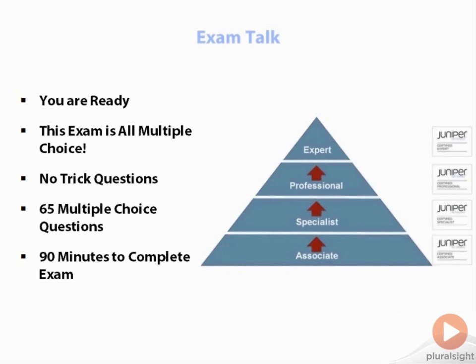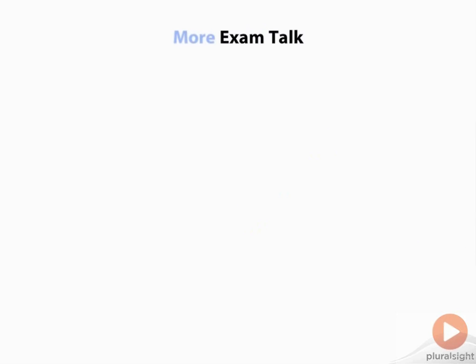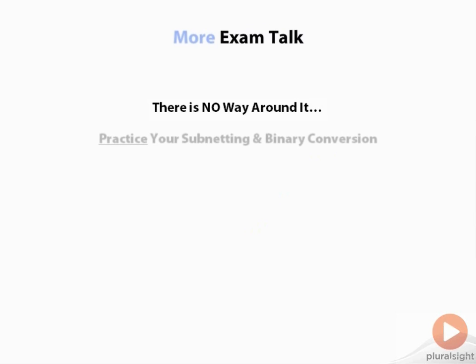If you remember, when we talked about subnetting and binary, we talked about how you need to practice, because if you are not proficient, those questions on the exam can eat up more time than they need to. Well, there are going to be quite a few questions on the exam regarding converting binary numbers to decimal and vice versa, as well as questions where you will need to figure out subnetting information.